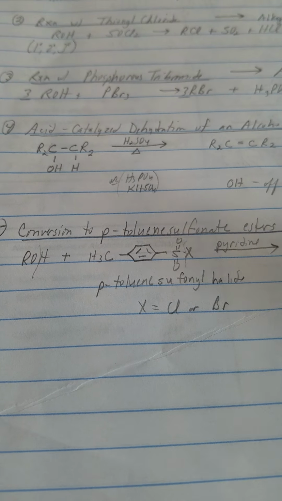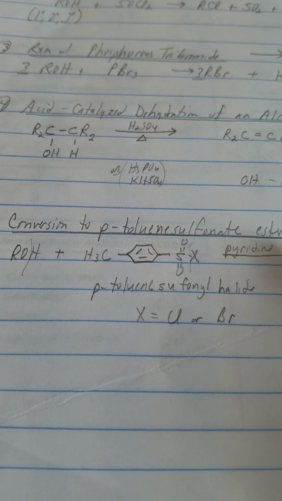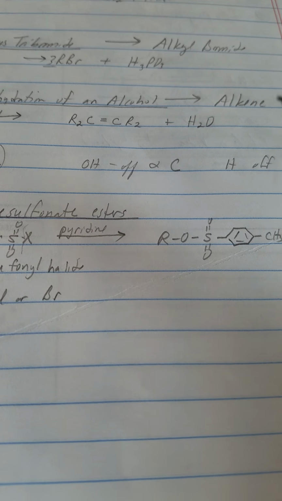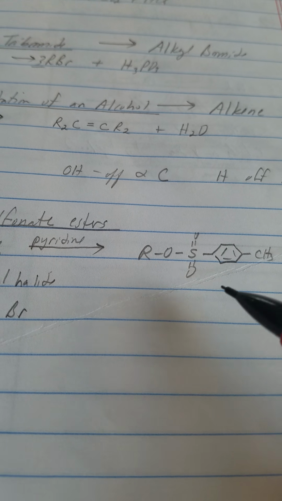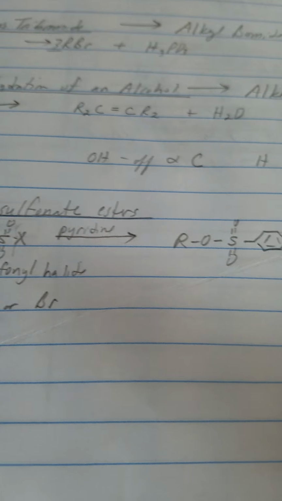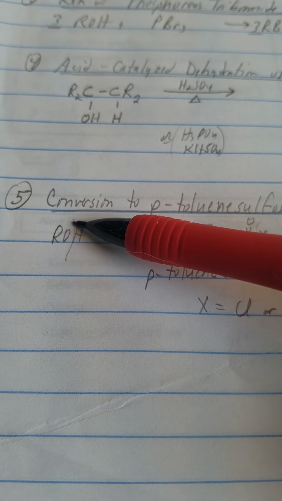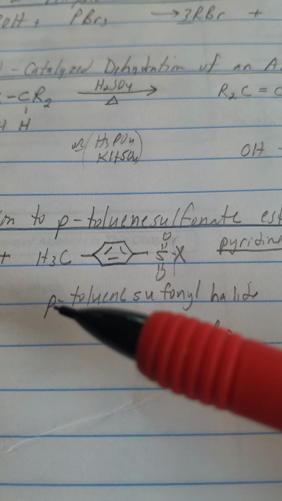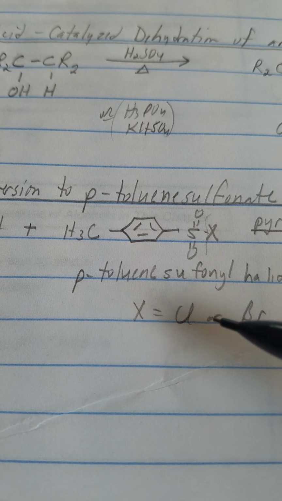The last one, probably don't see that one a whole lot, but it's a conversion of an alcohol using a para-toluene sulfonate halide to make a compound that has the para-toluene sulfonate group attached to it with the alkyl group now. So you're going to take your alcohol, break off the H, the hydrogen. Your para-toluene sulfonate halide is going to have, in the place of this X, either chlorine or bromine.